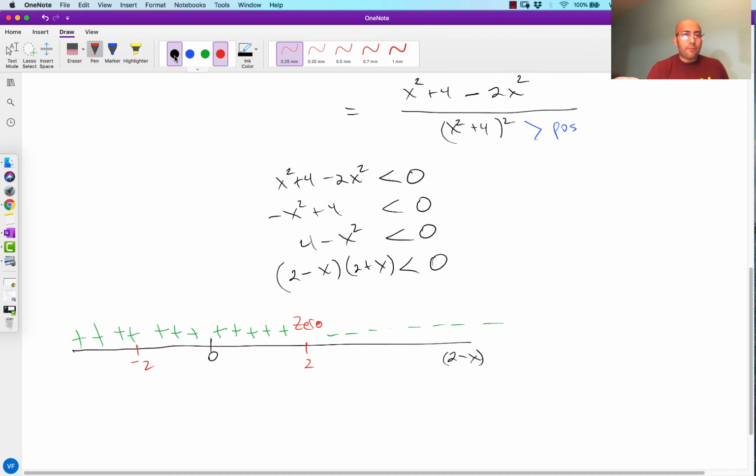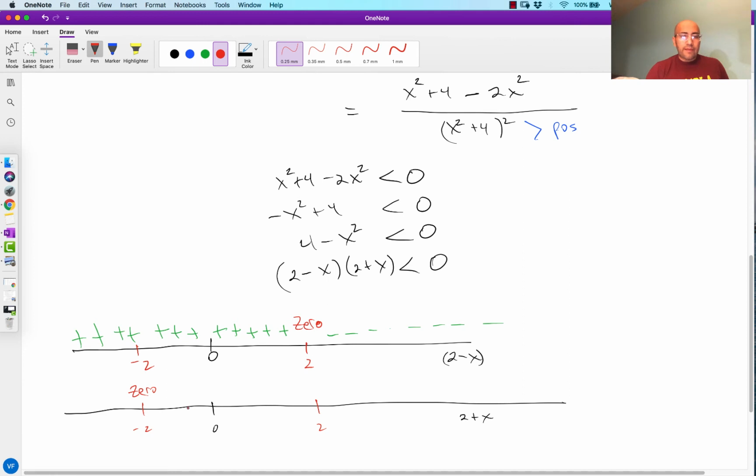Okay, so now we come up with a new number line for the 2 plus x. Here's the 0 again, and then we have a positive 2 there, and the negative 2 there. If we plug in a negative 2 into here, then this whole thing becomes 0.